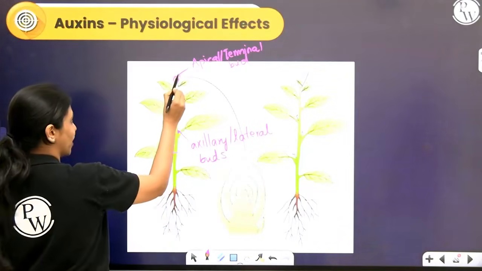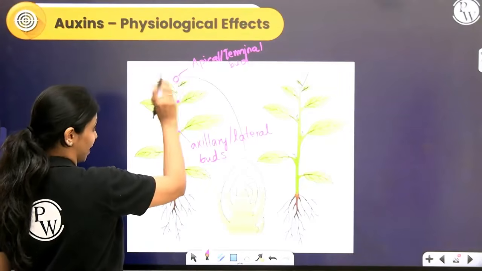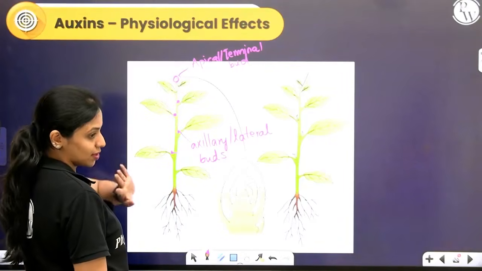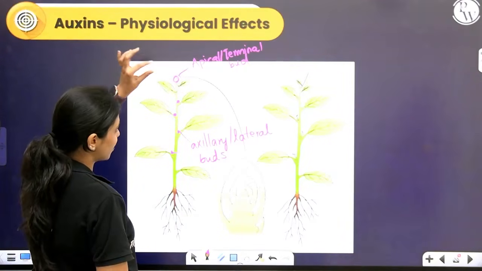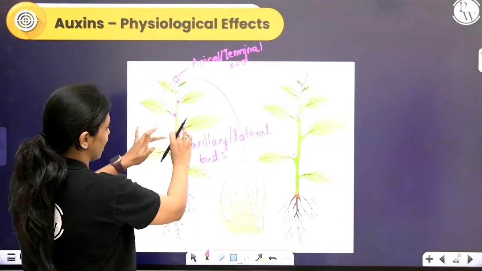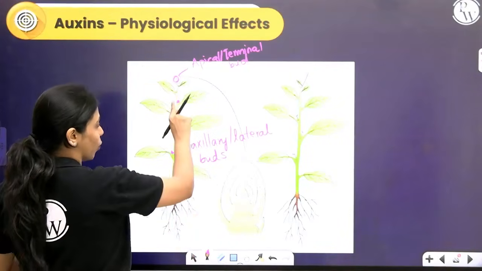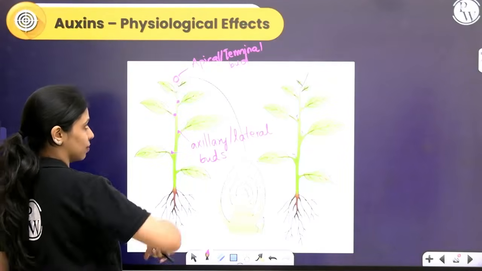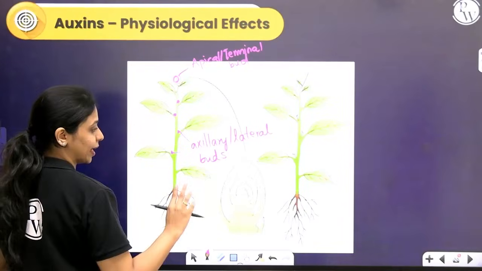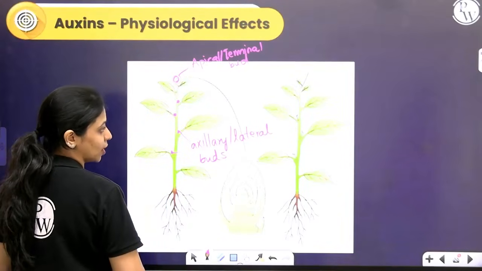Now, for as long as the apical bud is there, that is where the auxins are located, remember. Because of the presence of auxins, these buds will not be allowed to grow or branch. Only growth in length will be taking place. The plant will not become bushy.